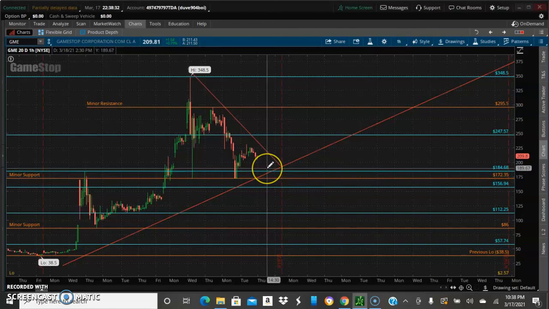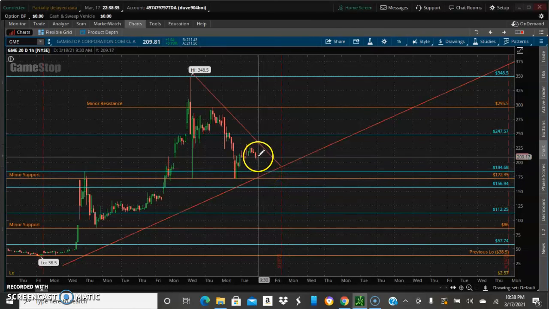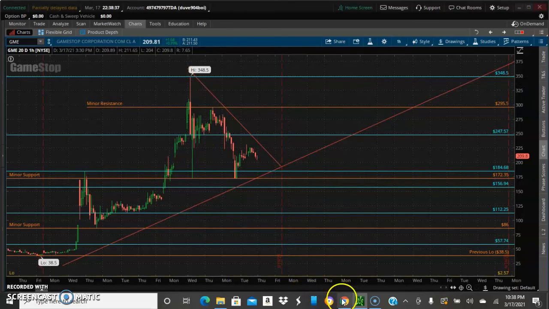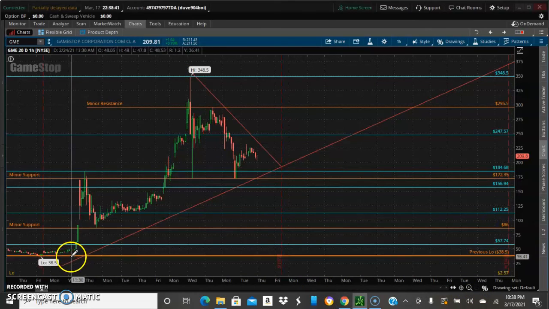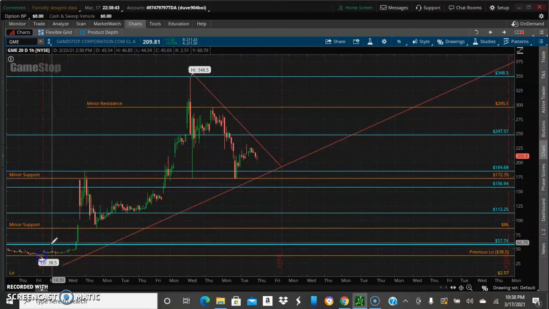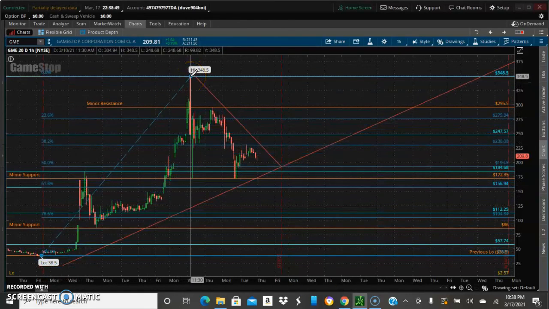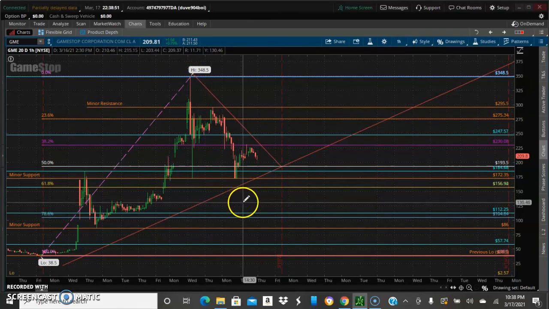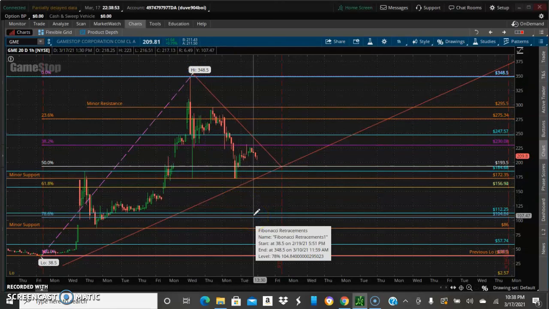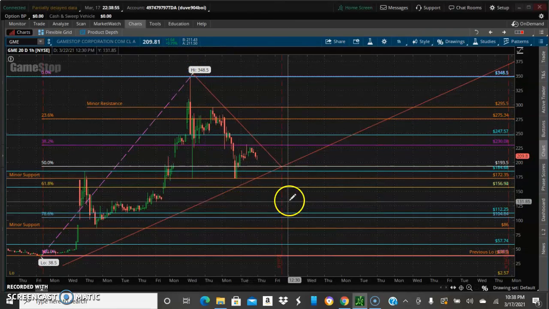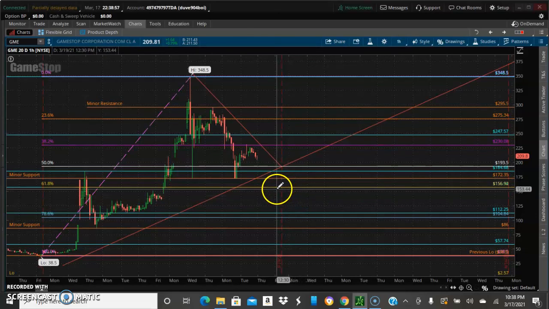We'll see. Let's pull out the Fibonacci here. The 50% is at 193.50. 61 is at 156.92.